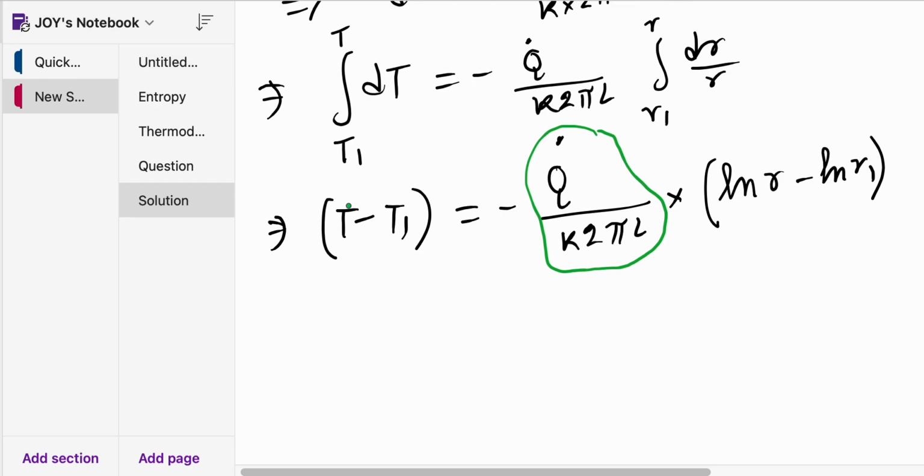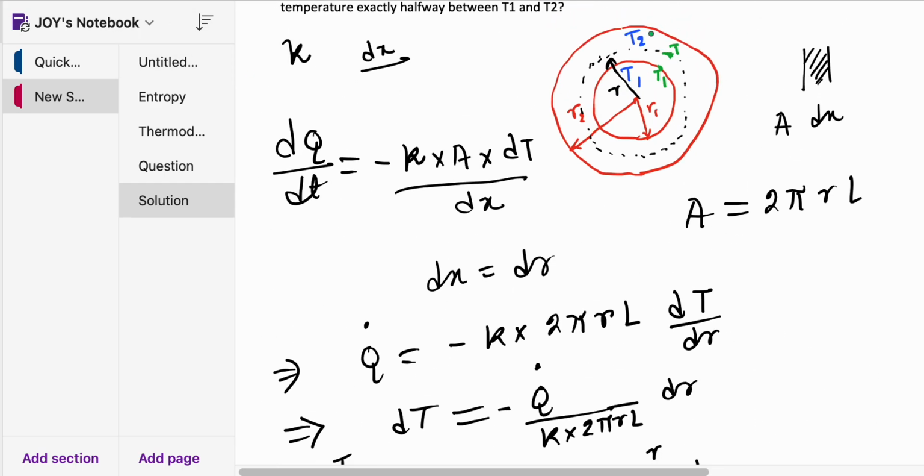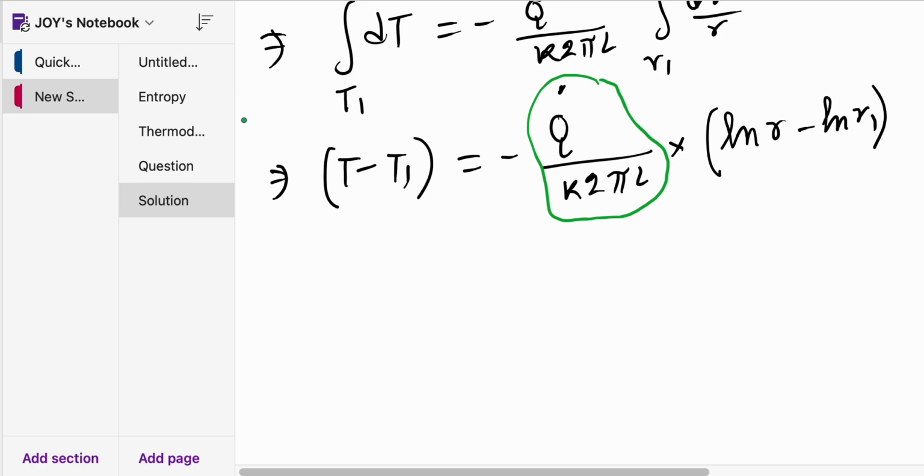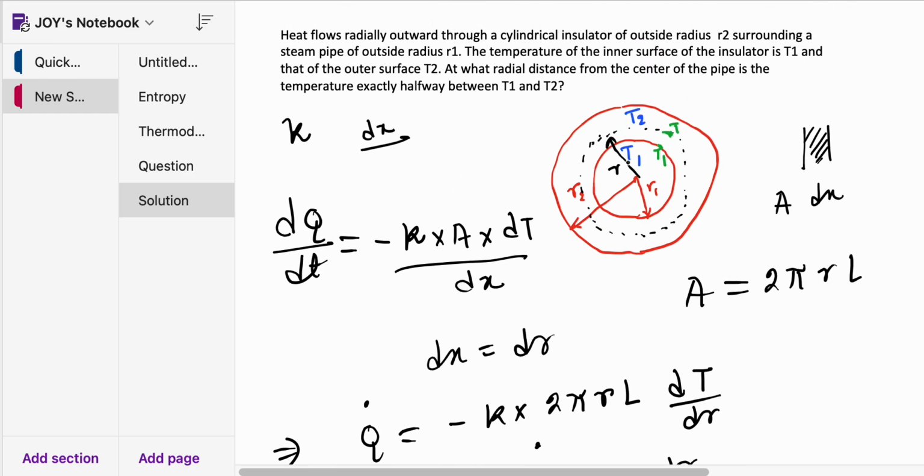Since it follows the same formula, from the same formula we can now write T2 minus T1, where the temperature is T2 at r equal to r2.